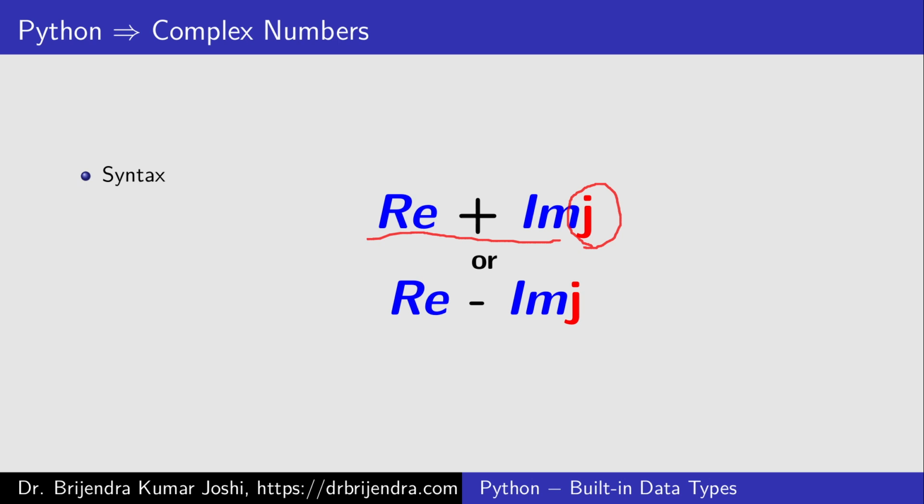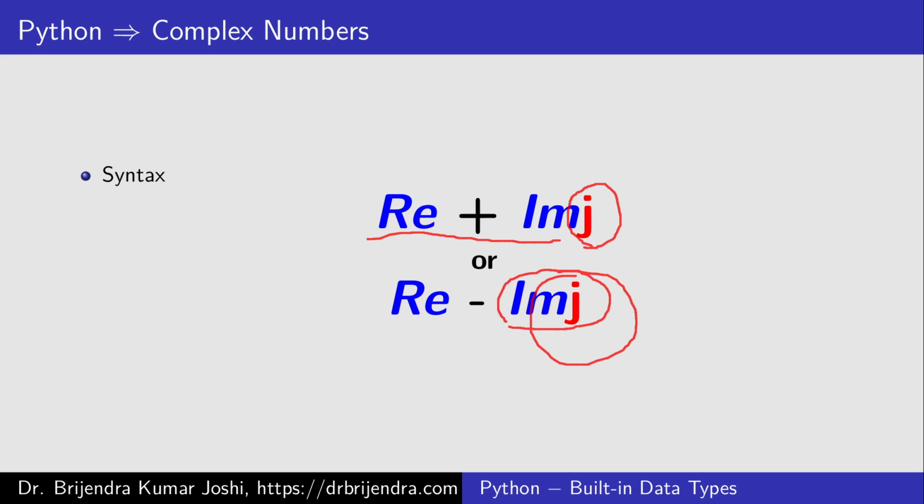Perhaps that is why in electrical engineering we represent square root of minus 1 as j. So real part plus imaginary part followed by j. This is the way we can represent a complex number, or real part minus imaginary part j. So we use j to represent square root of minus 1. So the imaginary part would be associated with j, not i.